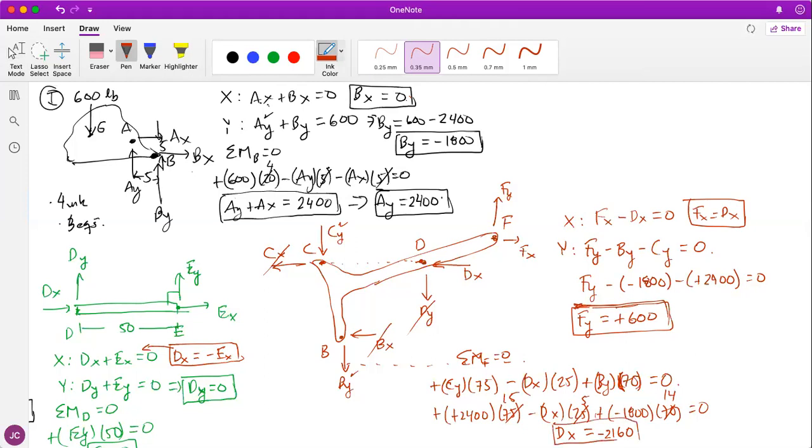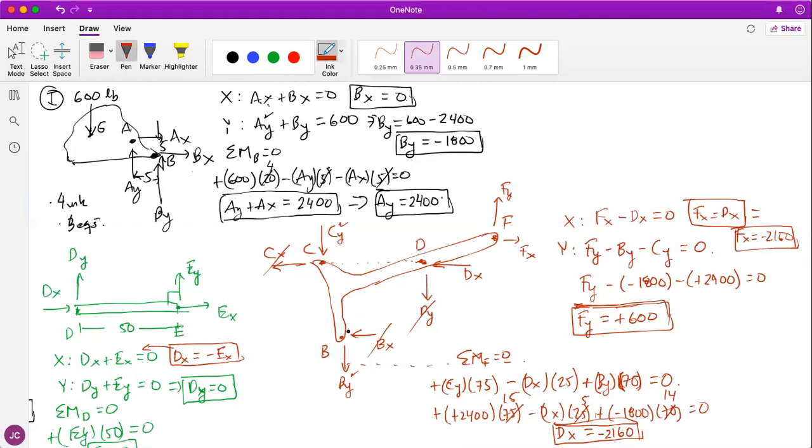Okay, so what does this mean? Well, it means that Fx, I don't actually care about Fx, but nonetheless, if I put that, Fx equals minus 2160, and then I'm going to go here.